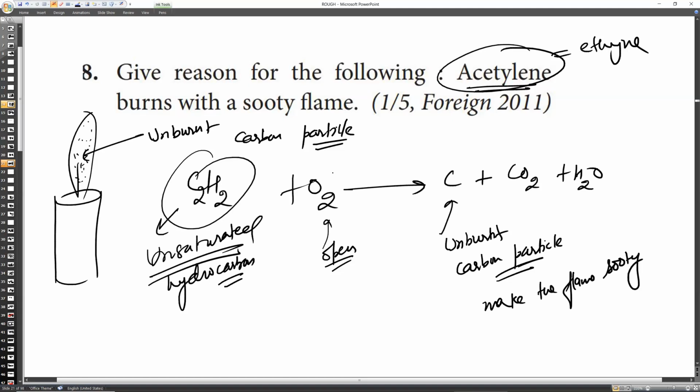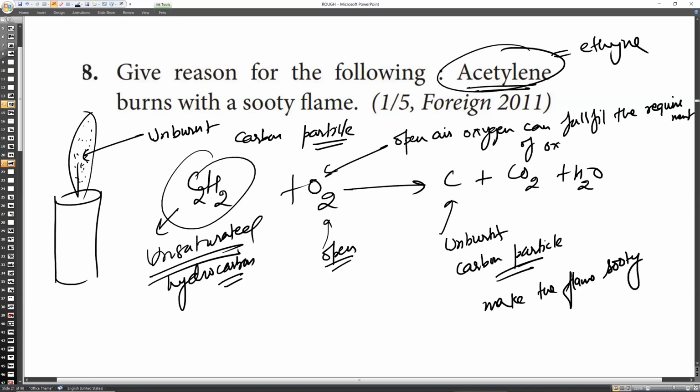Open air oxygen cannot fulfill the requirement of oxygen for ethine to burn completely.